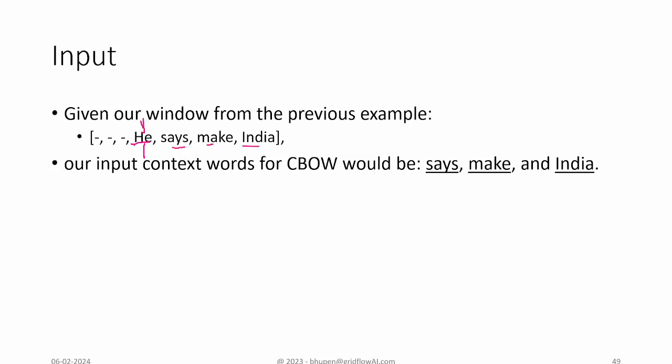Says, make, and India are my input words, and the target word is the prediction that you want to predict. Essentially what we're saying is that says has strong association with he, make has strong association with he, and India is also associated with he. So this is the semantic relation that we are trying to feed into the neural net.